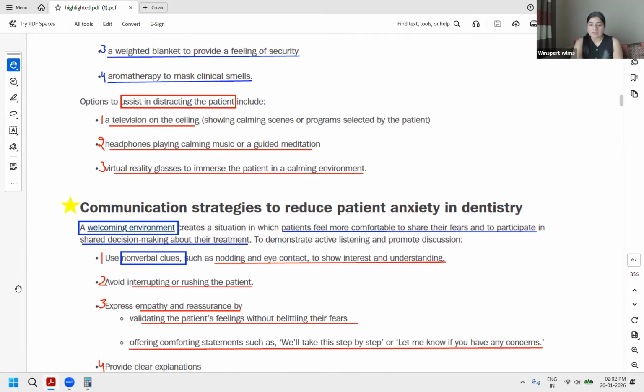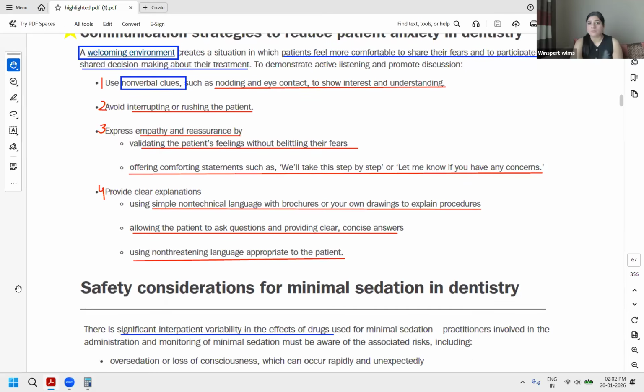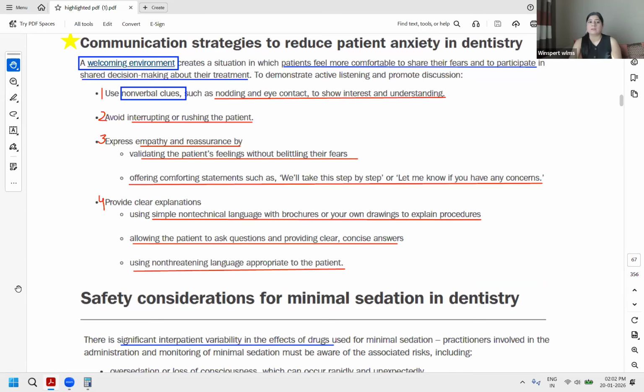Your communication strategies should also be in place to reduce anxiety by using non-verbal cues, positive communication, maintaining eye contact, and showing interest and understanding. Do not interrupt, do not rush the patient. Express empathy and reassurance.